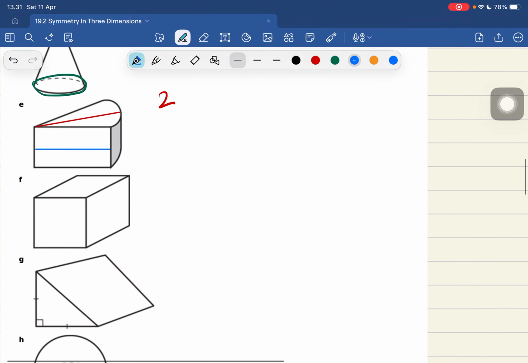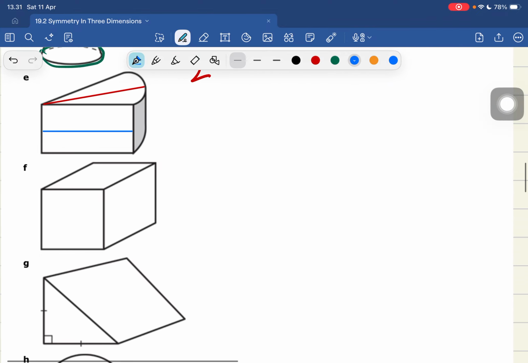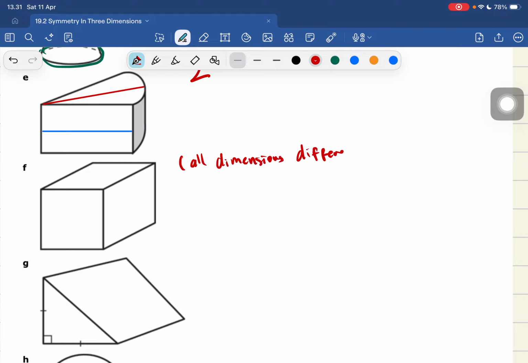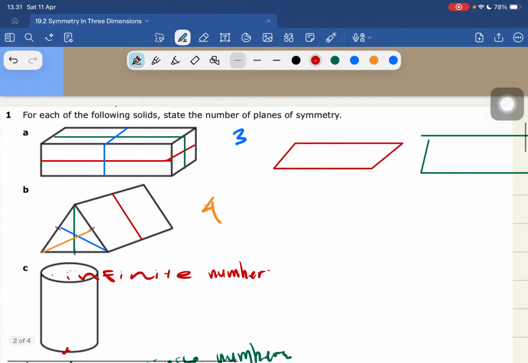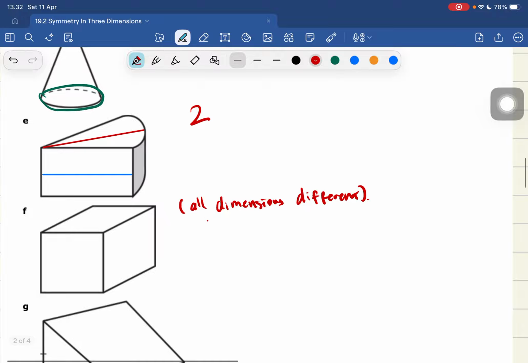So it looks like a cube. However, since we are not sure if they are all equal sides, let's say the first condition is all dimensions different. Okay, so it looks like a cuboid before, so we get only 3.